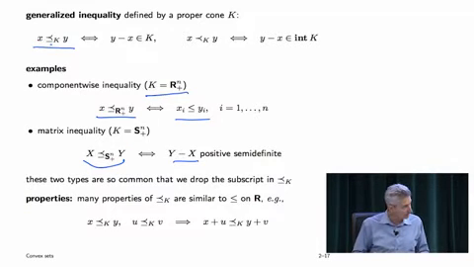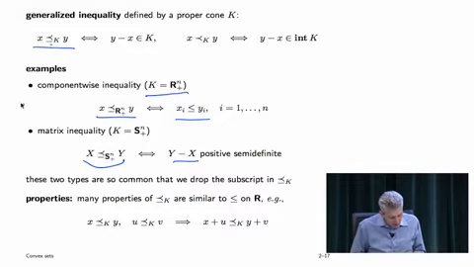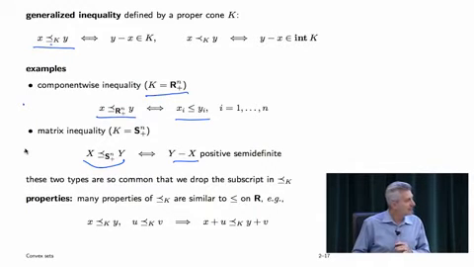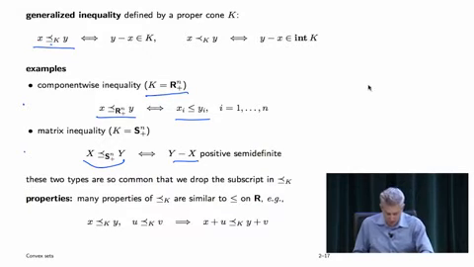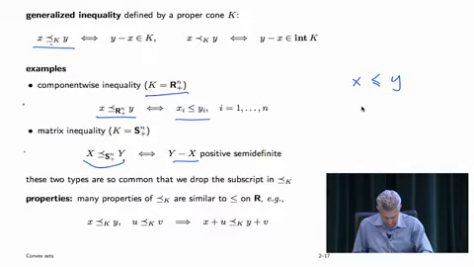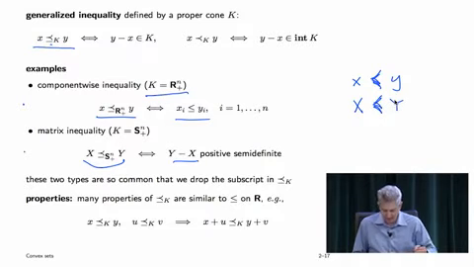You've seen matrix inequality. Now, these two are so common that we drop the subscript. So if you see two vectors and somebody writes that, or if these are two matrices and they write that, I should emphasize the curvature a little bit more, like that, right?